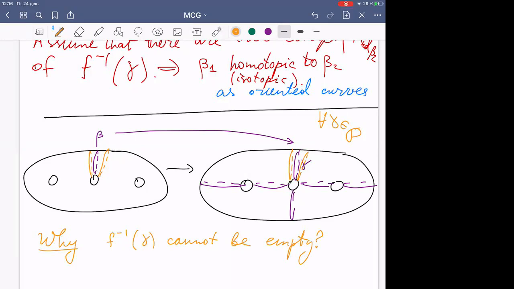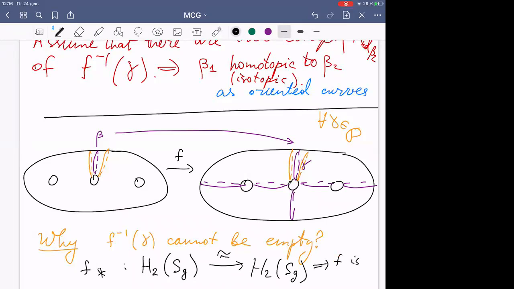For instance, because a homotopy equivalence, and I recall that our F is a homotopy equivalence, should induce an isomorphism in the second homology of the surface. And hence it easily follows that F is onto.